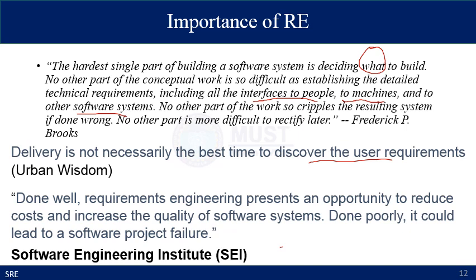The Software Engineering Institute, SEI, also says that if requirement engineering is done well, it presents an opportunity to reduce the cost and increase the quality of your systems. And if the requirement engineering process is done poorly, it could lead to software project failures.